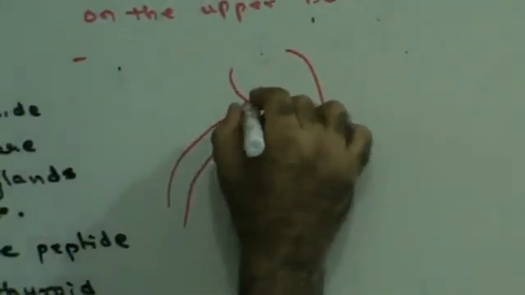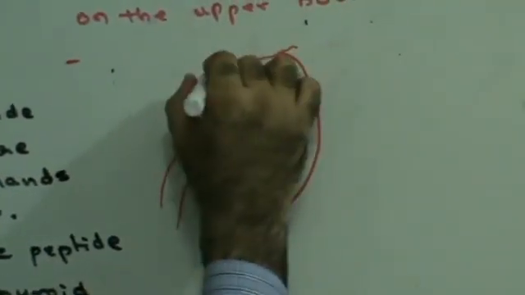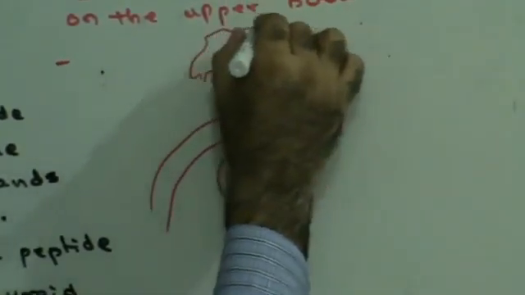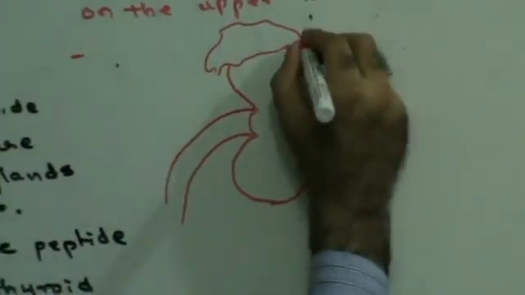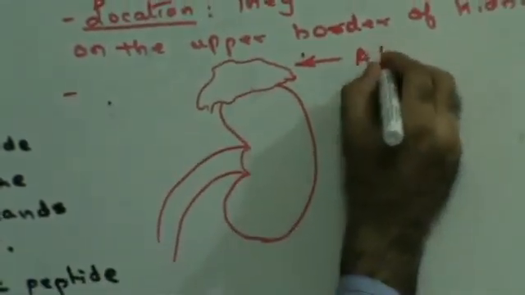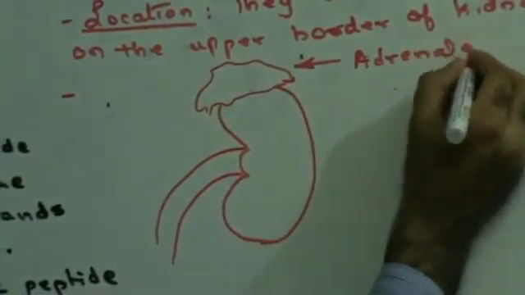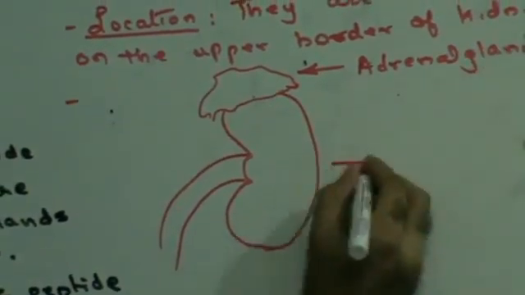You would have the adrenal gland located somewhere here. This would be your adrenal gland, and this is your kidney.